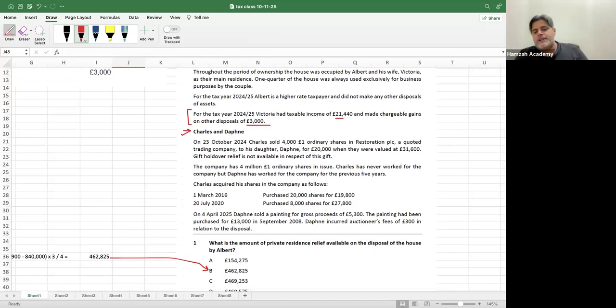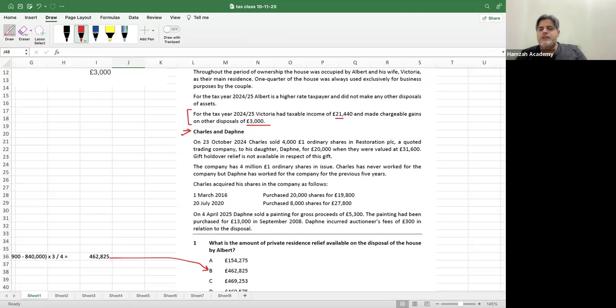Gift holdover relief is not available in respect of this gift. The company has 4 million £1 ordinary shares in issue.